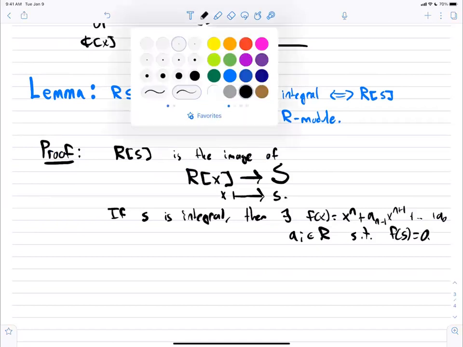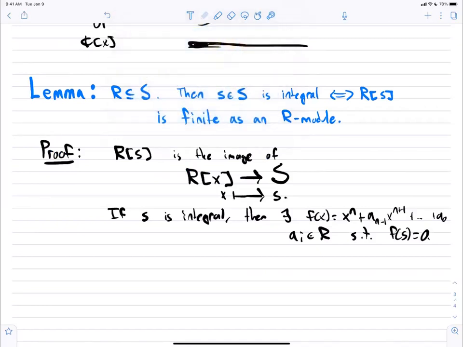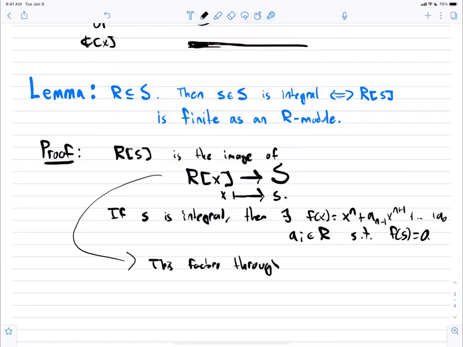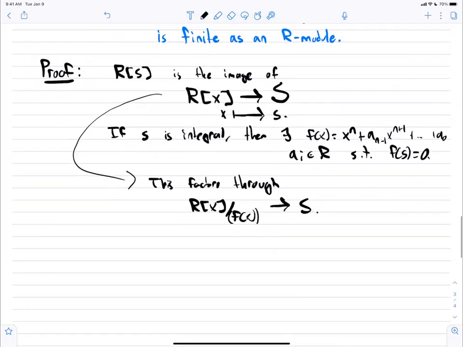So then this factors through R[x] modulo the ideal generated by f(x), to R[s]. Now the point is, this thing is obviously finite as an R-module.